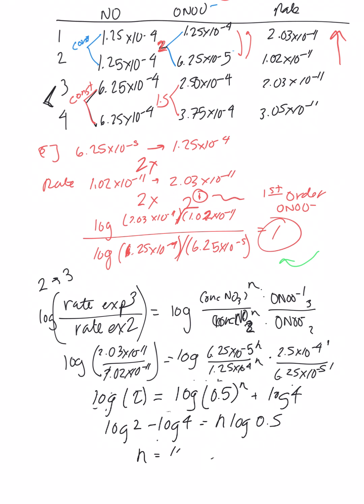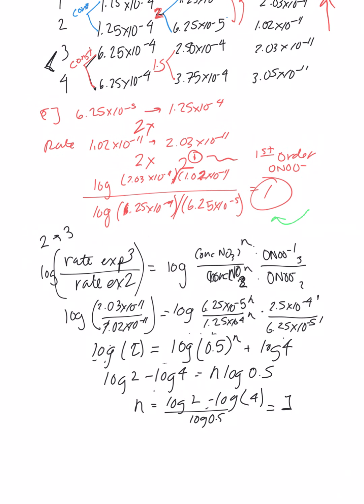So n is equal to log of 2 minus log of 4 divided by log of 0.5, and this, my friends, gives us a value of n equals 1. So we have first order dependence in NO, and first order dependence on ONOO minus.